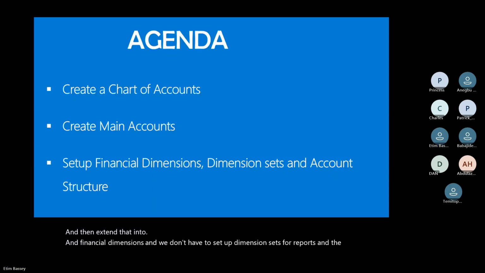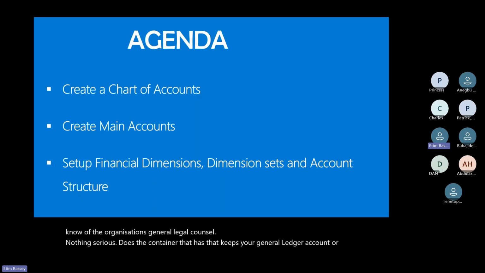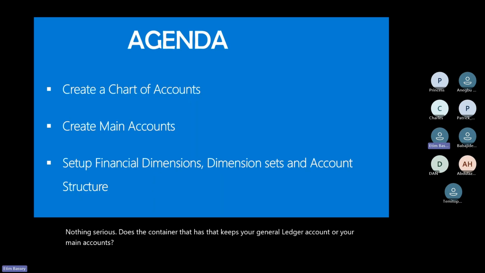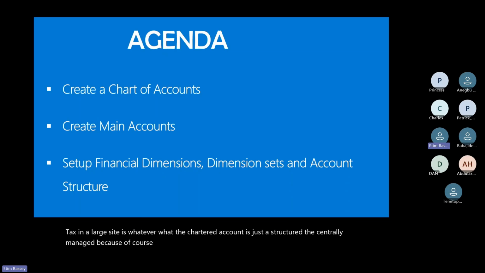All right. So in a nutshell, the chart of accounts is just a structured list of the organization's general ledger accounts. Nothing serious, just a container that keeps your general ledger accounts, or your main accounts. It's centrally managed because, of course, when you create one chart of accounts, you can share it across multiple legal entities.